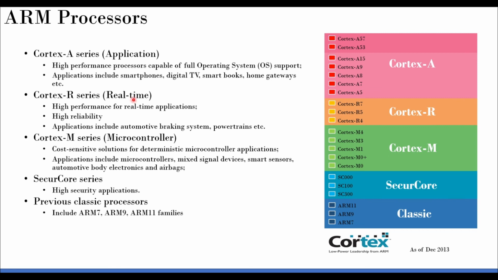And then advanced system, application specific, you have so many of them. Some examples are digital TVs, smart books, iPads, home gateways, routers, smartphones. They are all A series processors. Today this is a homework: just see the specifications of your mobile phone and see which Cortex-A series is in your phone. It may be A6, I think it was not A6, A7, which may be very popular.